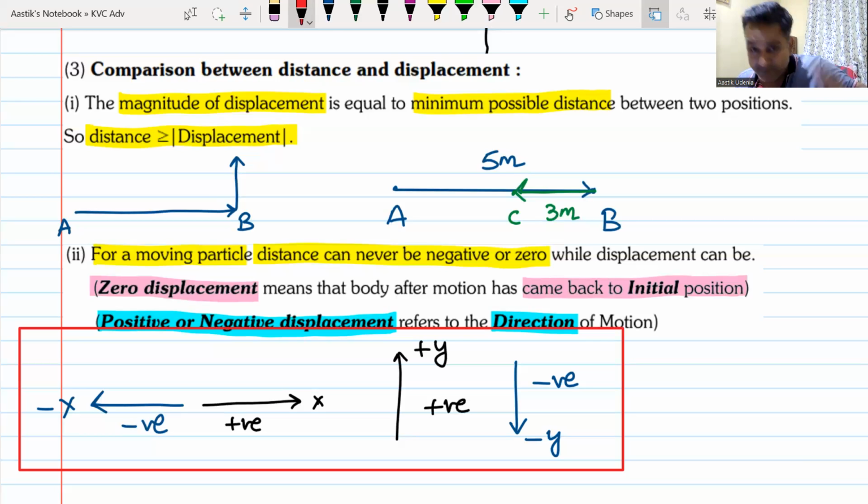So for me and for you, that will always remain negative. We understand this? Yes, sir. So this is what we mean by positive and negative displacement. So far, so good? Yes, sir.